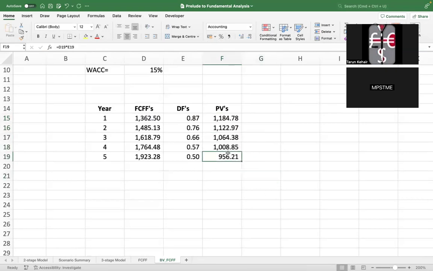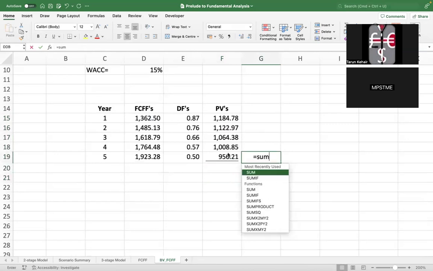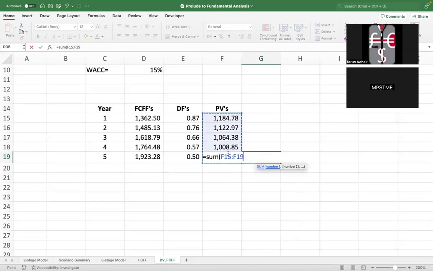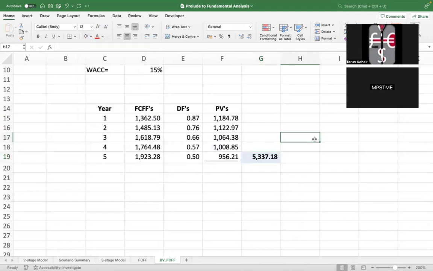Now, if you take a sum of this, you will get the valuation. This is the valuation for which phase? This is the valuation for the first 5-year definitive period, right?